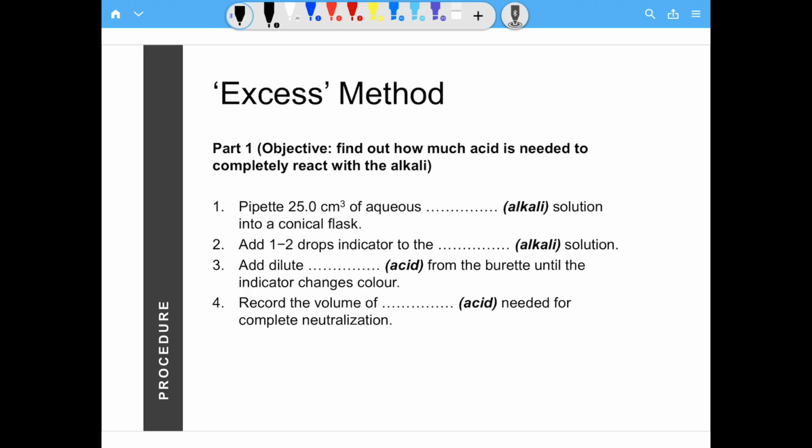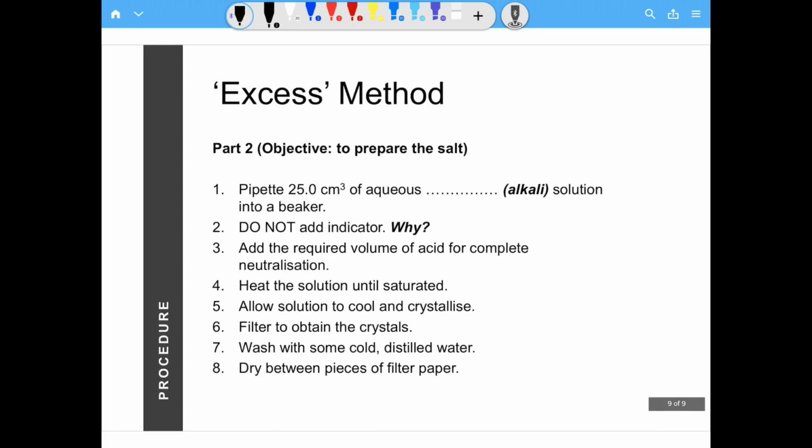And then we titrate the sodium hydroxide solution with acid from the burette until the indicator changes color from yellow to orange. The next thing that we need to do is to record the volume of acid required to exactly neutralize the sodium hydroxide. That will bring us to stage 2, where we repeat the titration in the absence of the indicator to prepare the salt.